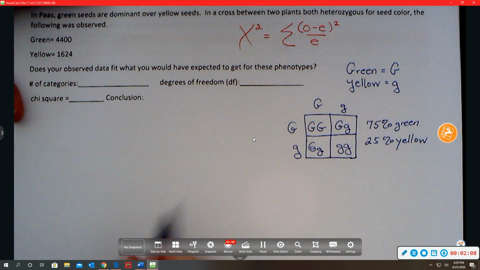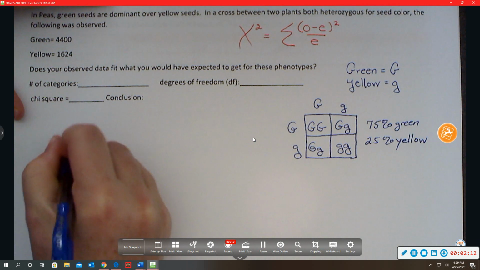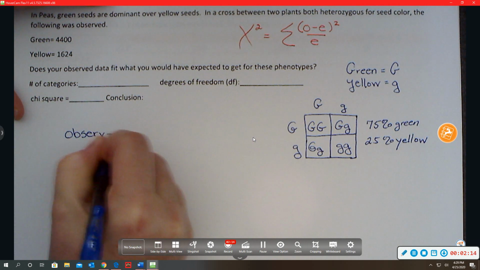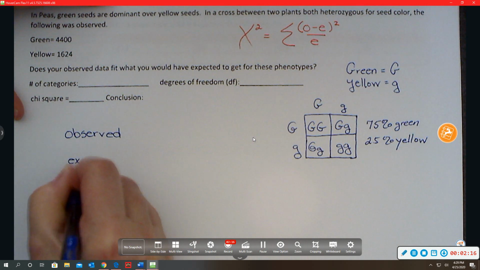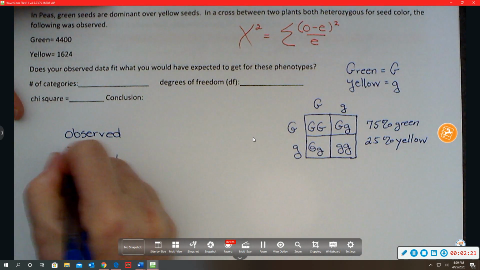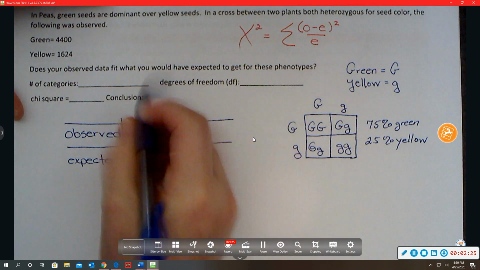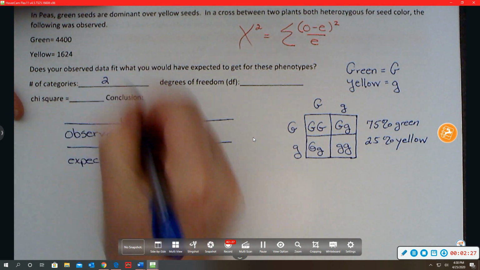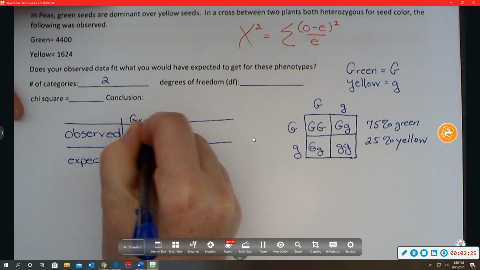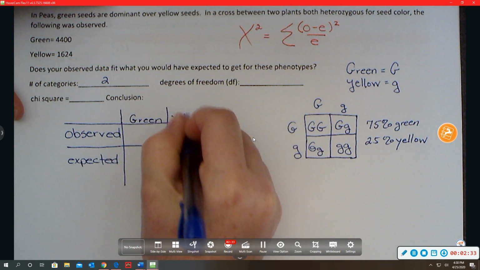All right, let's make a chart to make this easier. Got my observed and my expected, my two different categories, green and yellow.